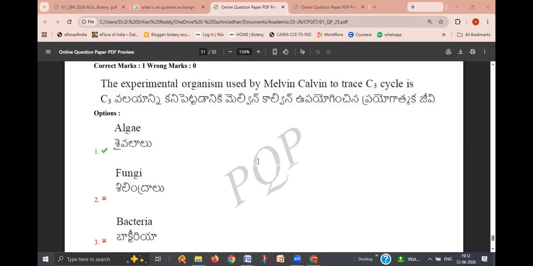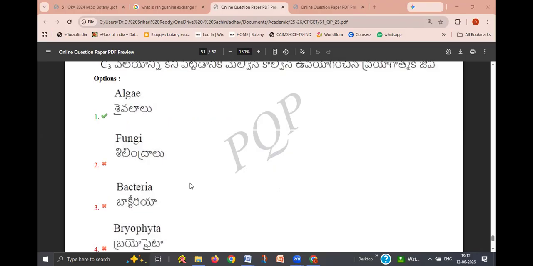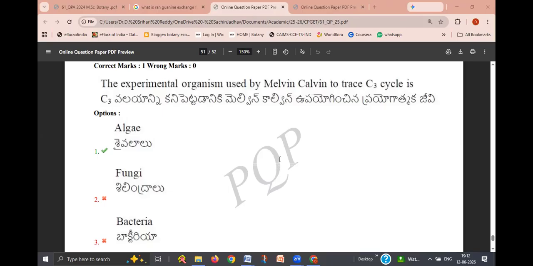The options: algae, fungi, bacteria, bryophyta. You might have known about Chlorella. Chlorella is a unicellular, non-motile alga. So Chlorella is the answer.